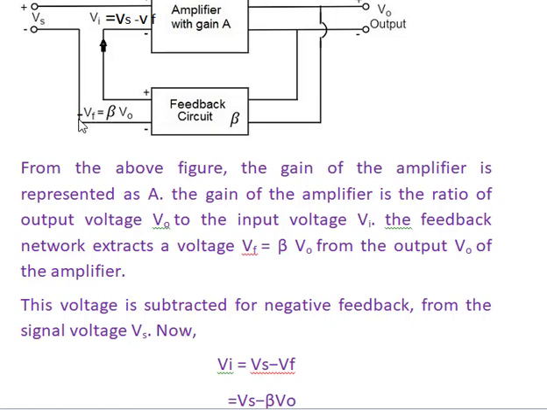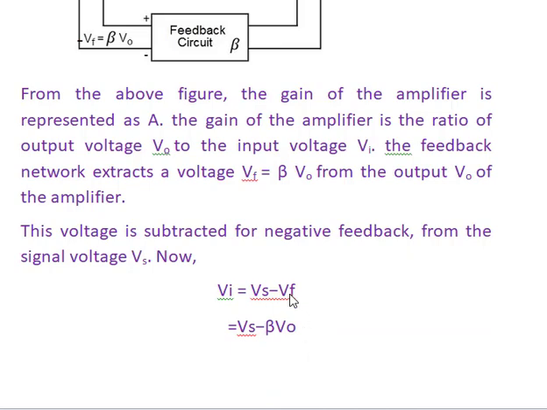As it is a negative feedback, it is minus VF. This voltage is subtracted for negative feedback from the signal voltage. Vs is the signal voltage. So the total net input voltage applied to the amplifier is Vi equal to Vs minus Vf.